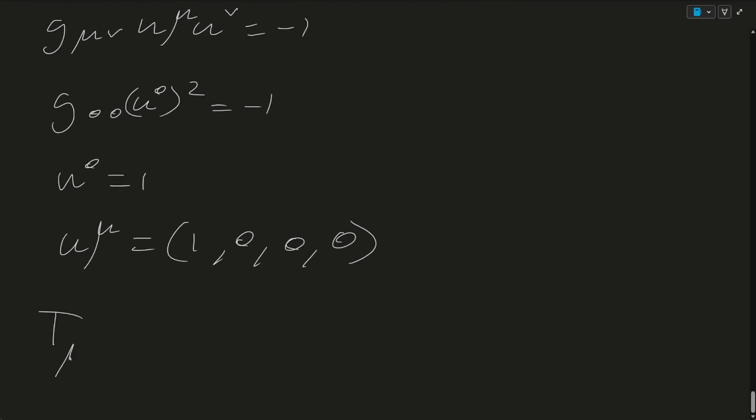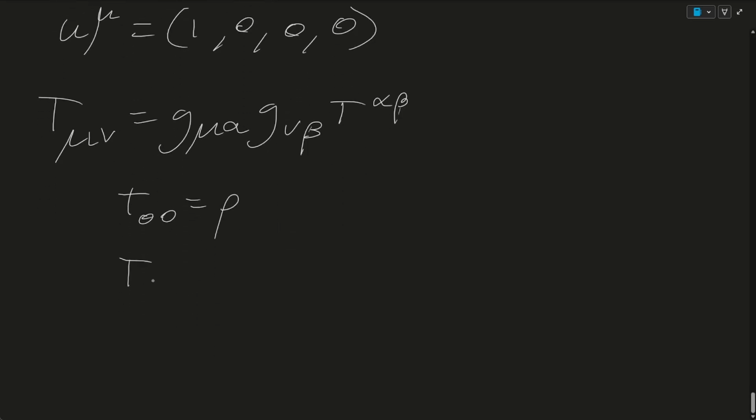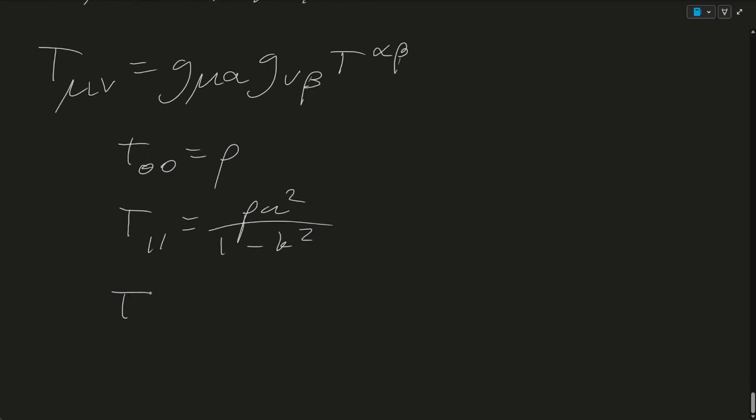So T mu nu is equal to g mu alpha g nu beta T^alpha beta. And we can see its components here. So T00 is equal to rho. T11 is equal to P a squared over 1 minus kr squared, my best friend.